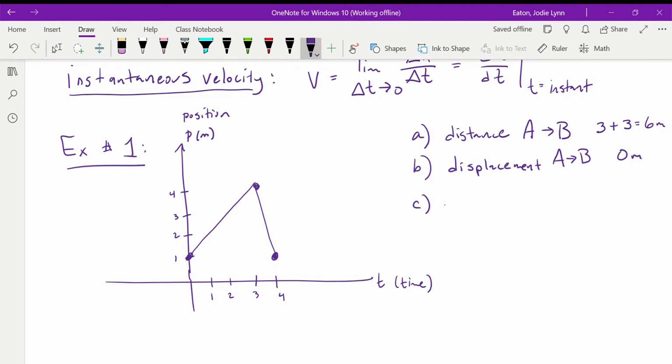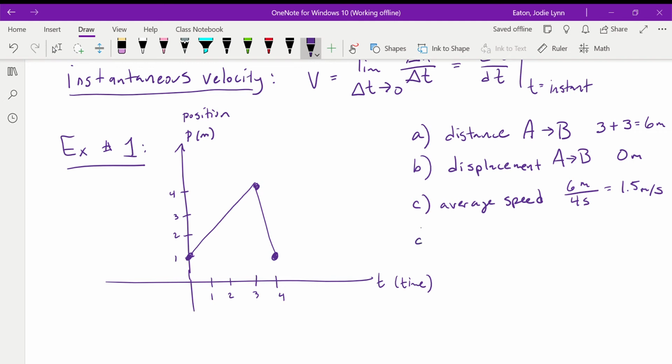Our average speed: speed is the absolute value of your velocity. It's just how fast you're going without respect to what direction you're going. So it's the total distance over the total time. We traveled 6 meters over 4 seconds, so that gives us an average speed of 1.5 meters per second.